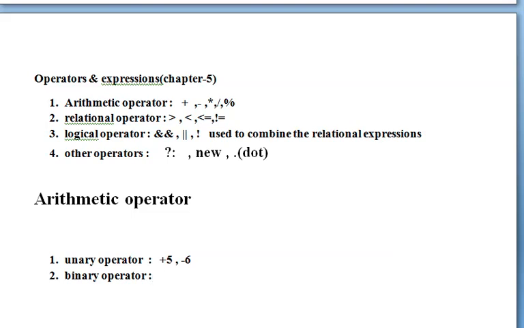So here we have different binary operators: the addition operator, subtraction operator, multiplication operator, division and modulus. These all are binary operators because they act on two variables.